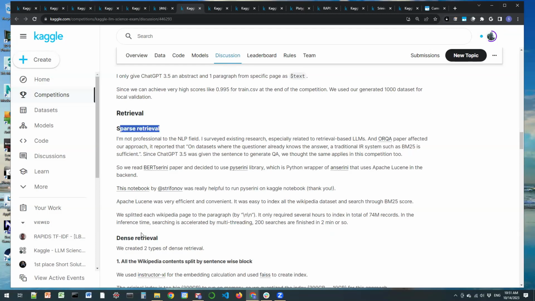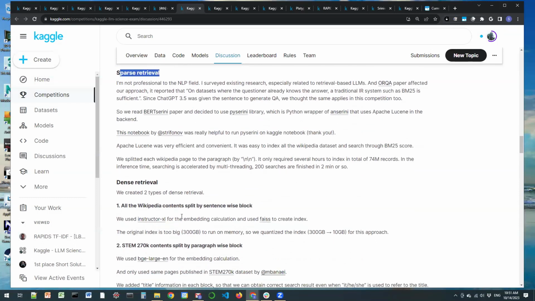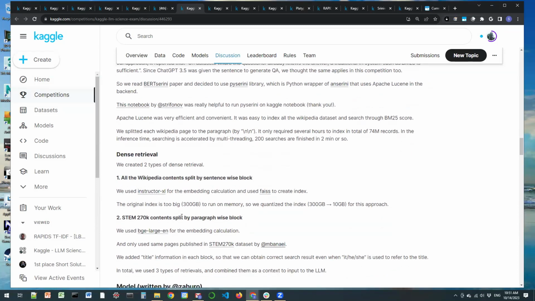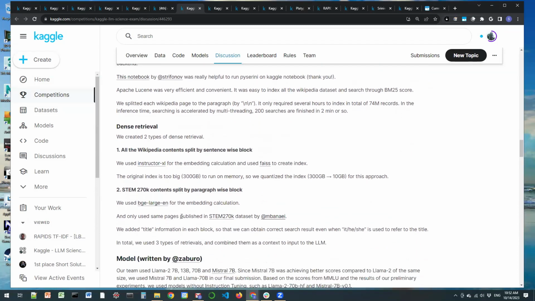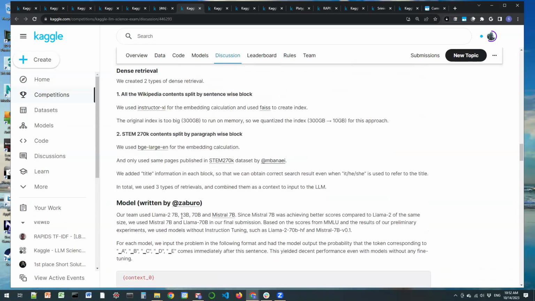Sparse and dense data. And an ensemble of multiple large language models, 7, 13, 70, and Mistral 70. So 4 big LLMs. Or actually, they say we use Mistral 70 and Llama 70 in our finals.